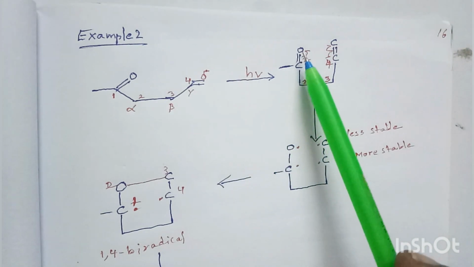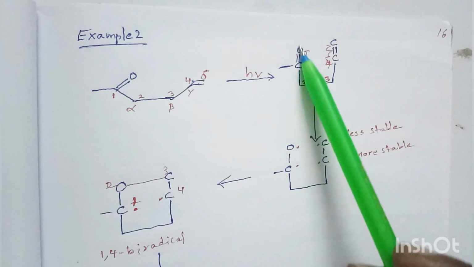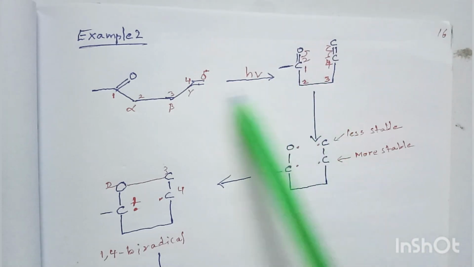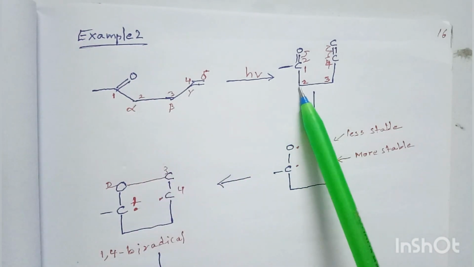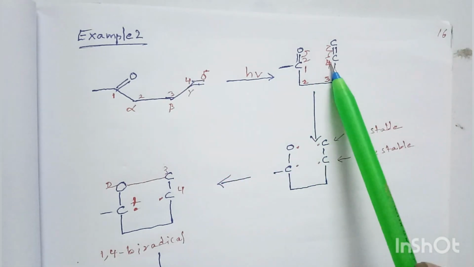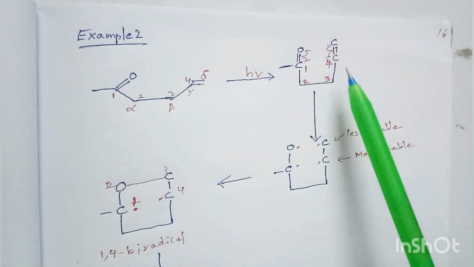Let us represent it in a simple way. So this is C double bond O. This is CH3. This is the first carbon, the second carbon, the third carbon, the fourth carbon. And this is the carbon double bond.